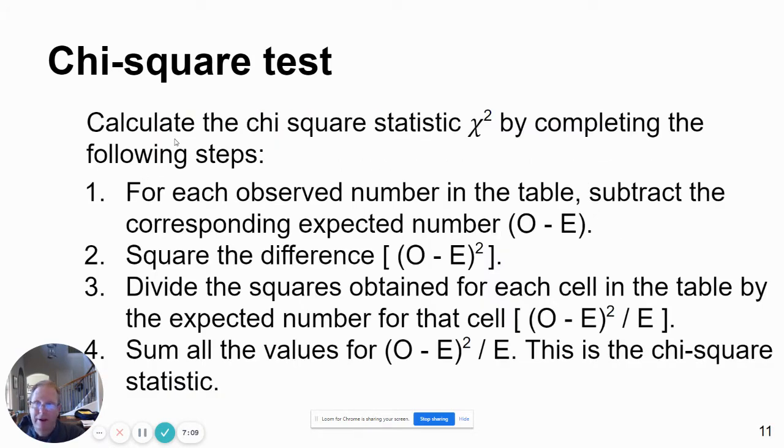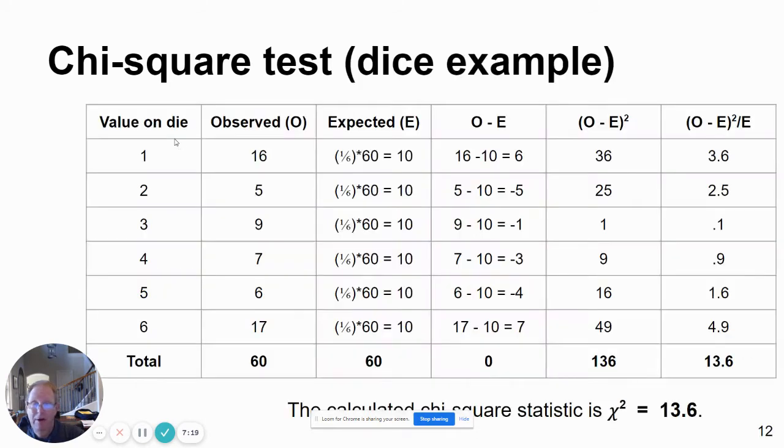On this slide, I describe in words each of the steps that we would follow if we were going to calculate the chi-squared by hand. But I'm actually going to show you on this slide how to do it. So the first 2 columns are the columns that you've already seen, the value of the die and the observed. Then we have to calculate the expected column.